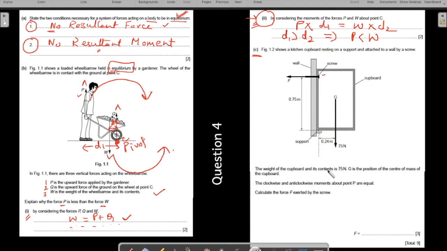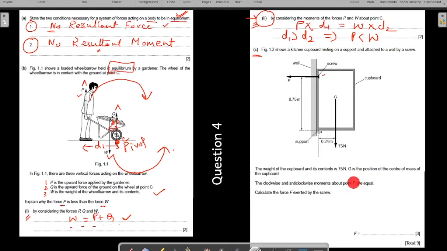The weight of the cupboard and its content is also given, 75 newtons. And what is G? G is the position of the center of mass of the cupboard. The clockwise and the anti-clockwise moment about point P are equal. Calculate the force exerted by the screw.